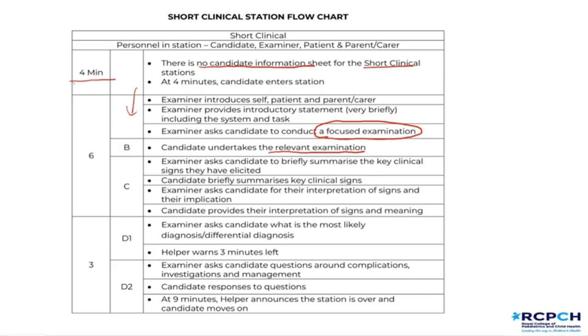After finishing the examination, there will be a knock at the door at 6 minutes of the station. Then the examiner will ask the candidate to briefly summarize the key clinical signs they have elicited. The candidate is supposed to summarize the findings and give the clinical reasoning for the clinical findings to arrive at the accurate diagnosis.